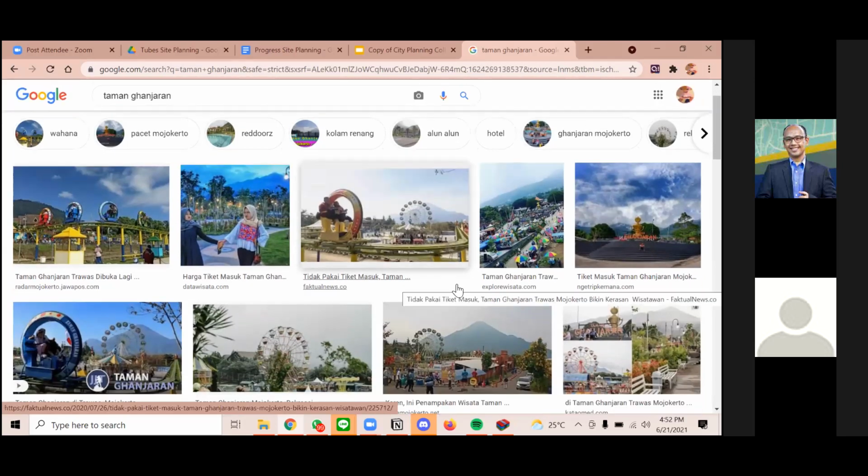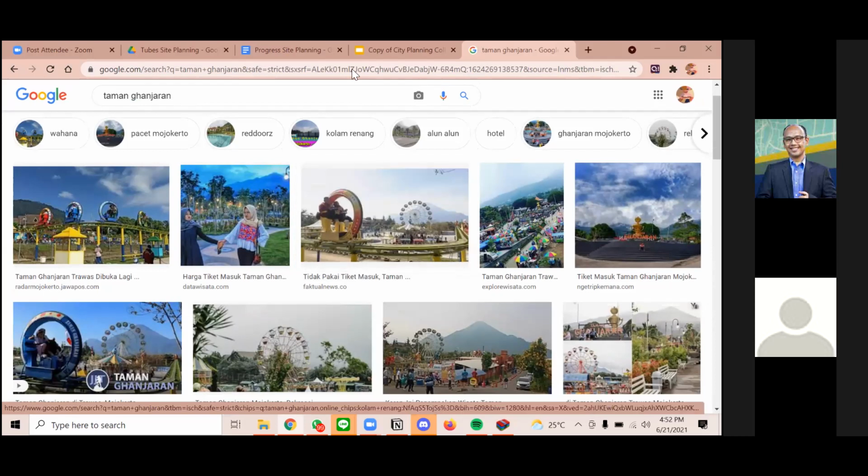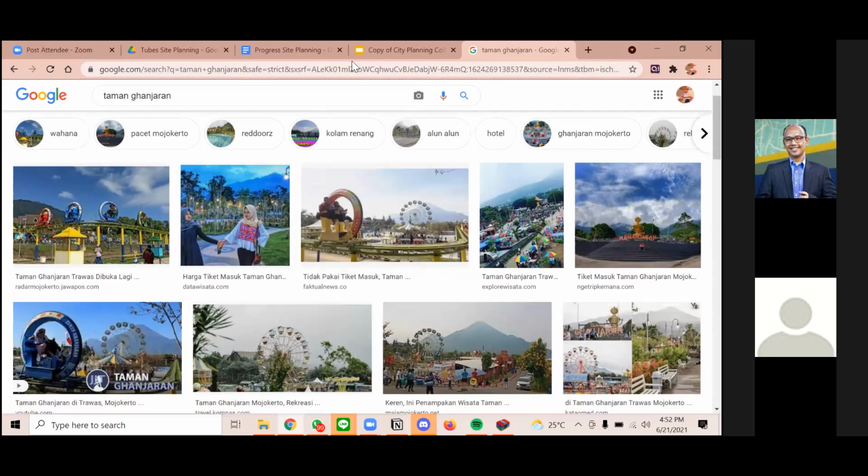My next question would be, does Ganjaran have a hotel already on site, or is your idea of making a resort next to or across Ganjaran to support the theme park itself?